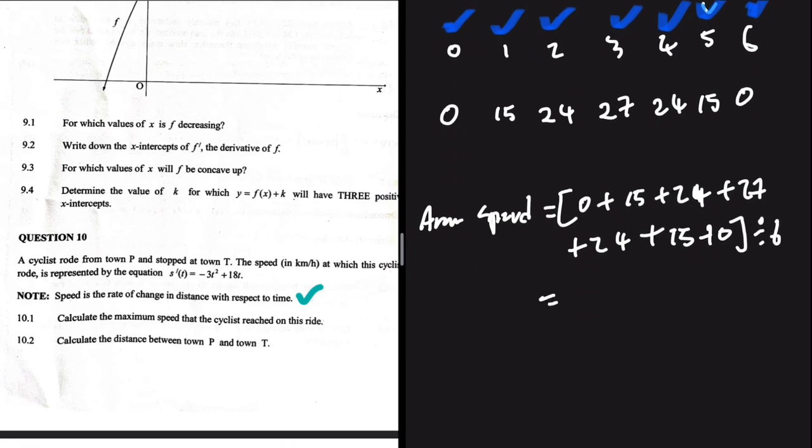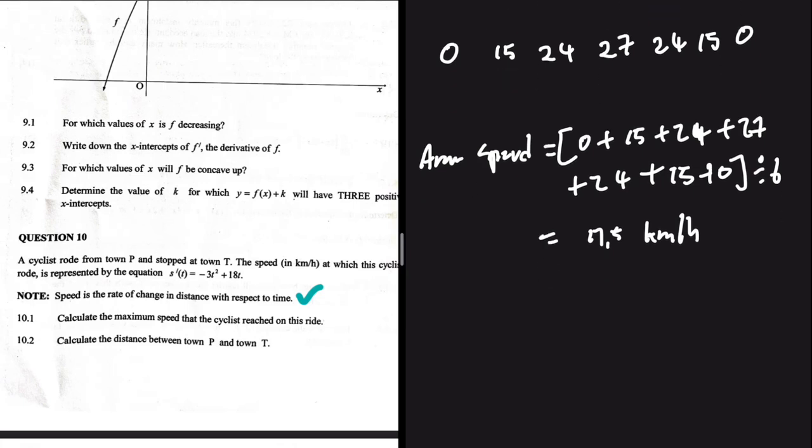We know what x bar is equal to. So 0 plus 15 plus 24 plus 27 plus 24 plus 15 plus 0 divided by 6. This is 17.5. So 17.5 kilometers per hour. This was the average speed.